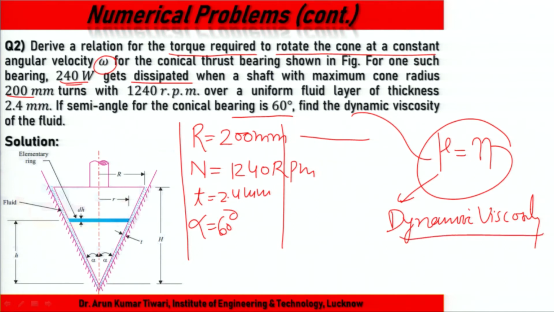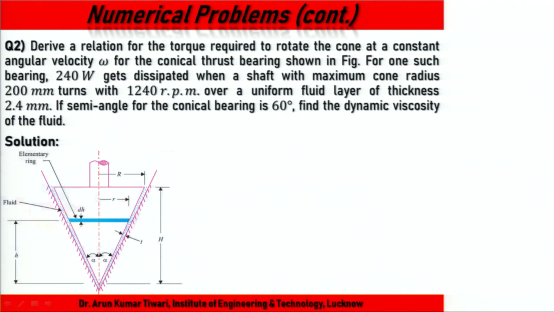A very fundamental problem. We can start from first principles. How can we start? Just see. We have taken an element, this element, with radius r, and the angle is alpha.